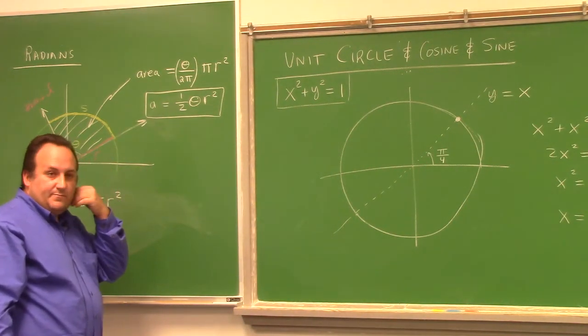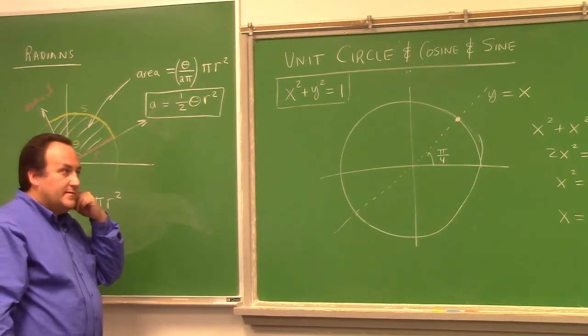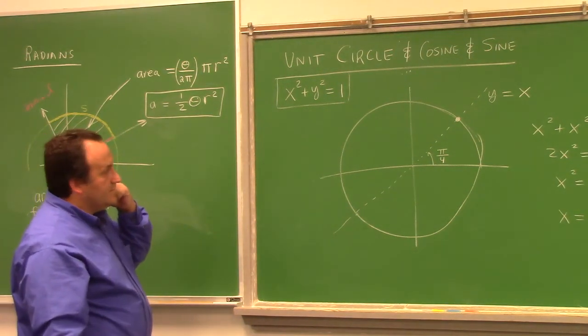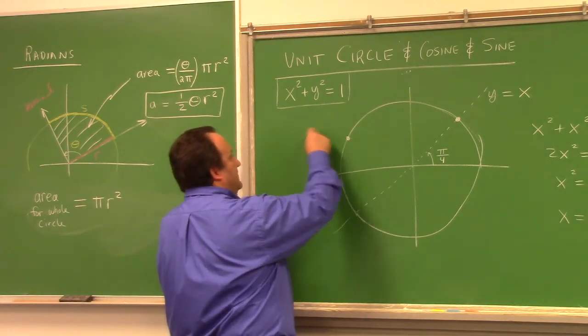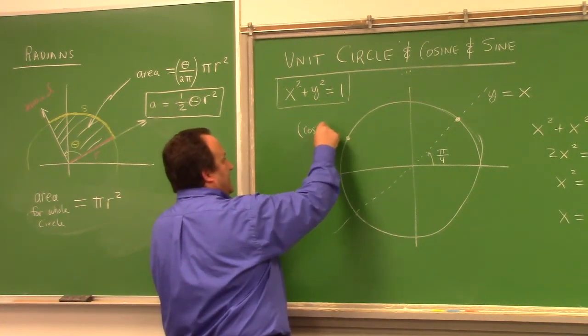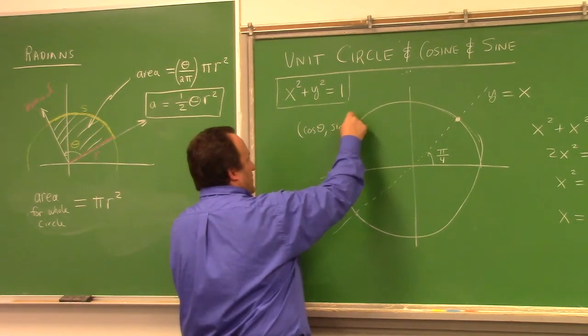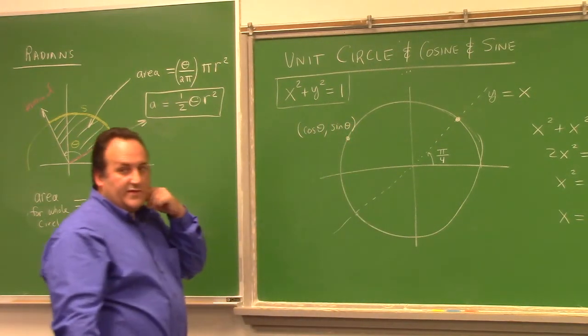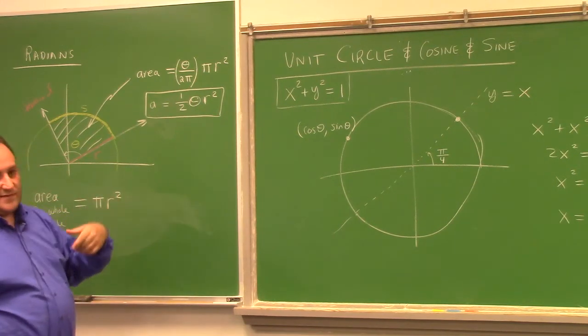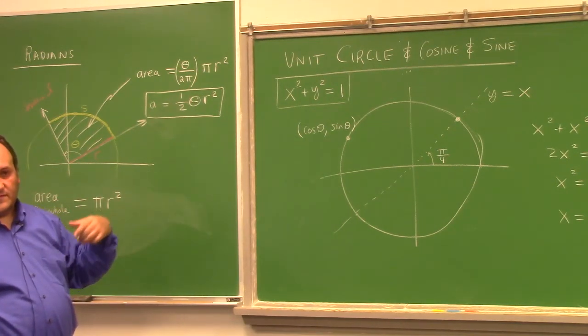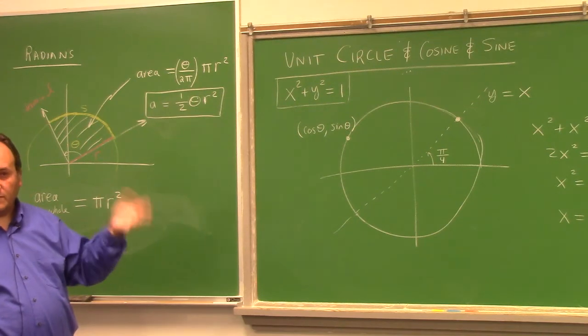What's the sine of pi over 4? So check this out. If this generic point is cosine theta, sine theta, all right, what's the relation of sine and cosine? Right? The cosine is x. The sine is y. X squared plus y squared equals 1.